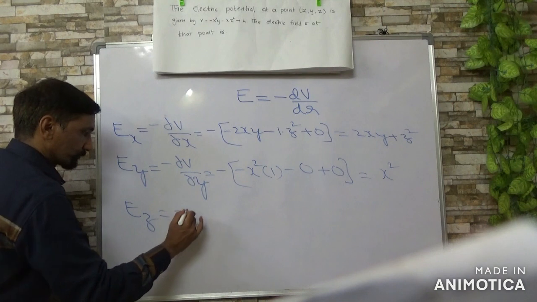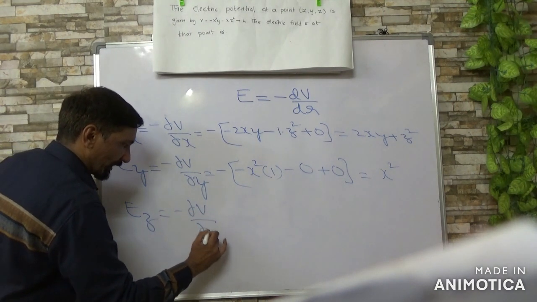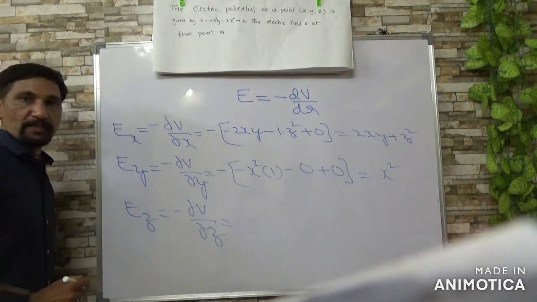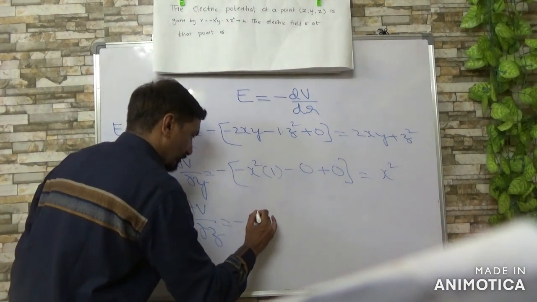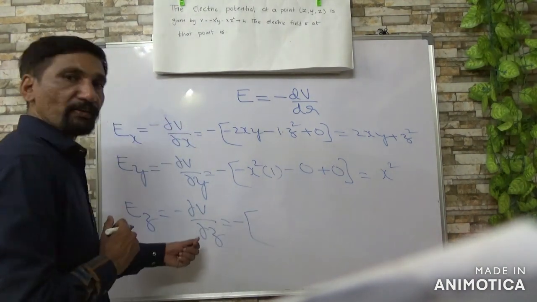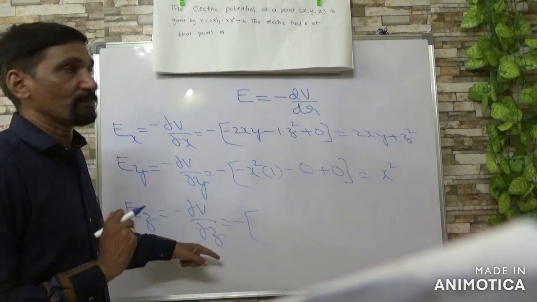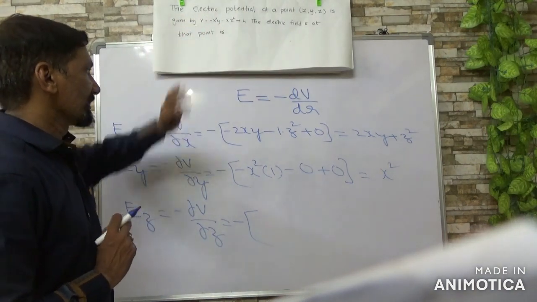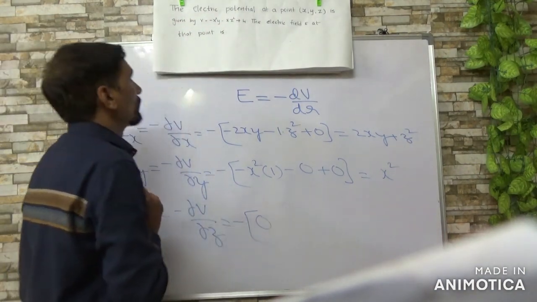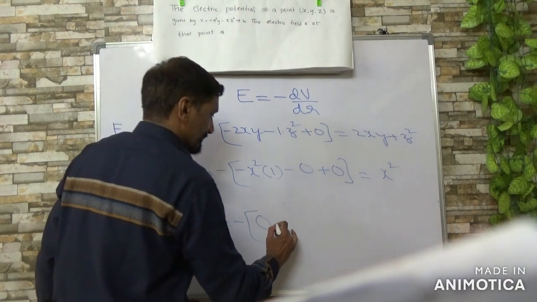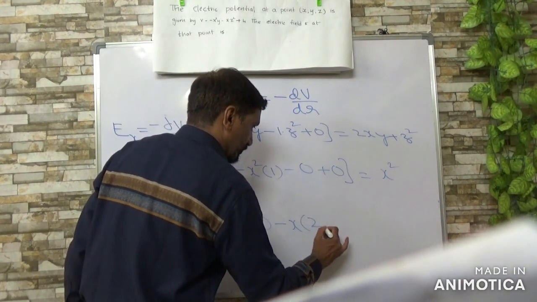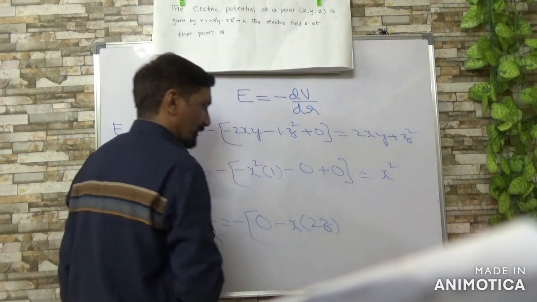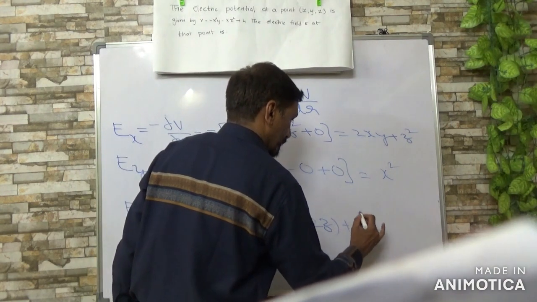Now dou V by dou z, minus of. Now you are differentiating partially with respect to z, so this part is 0. Minus x into z square differentiates to 2z, plus constant 0.